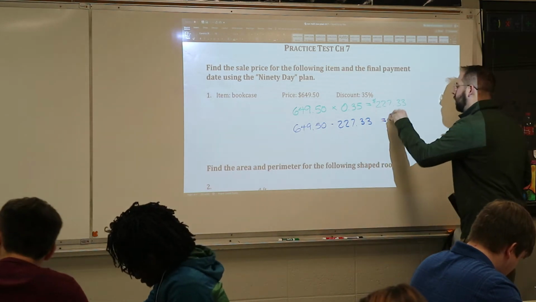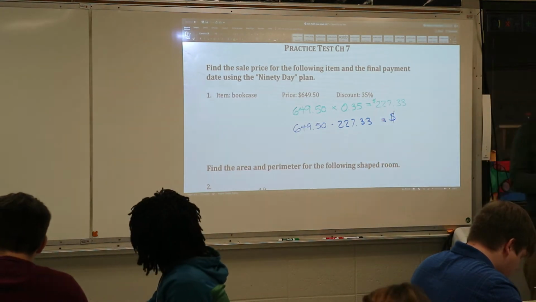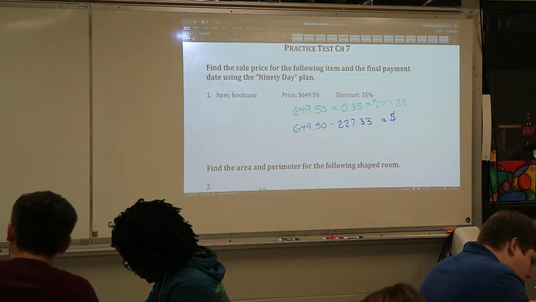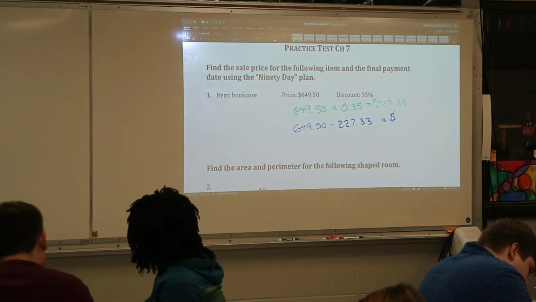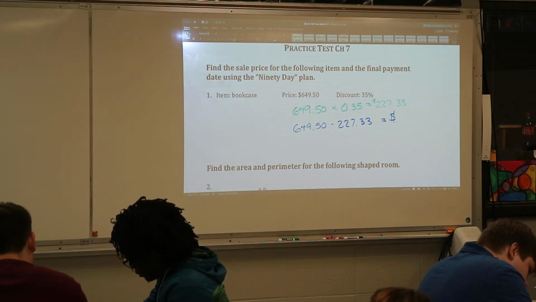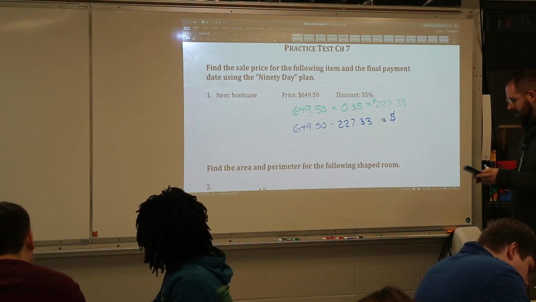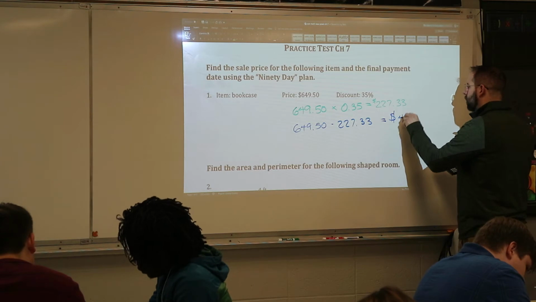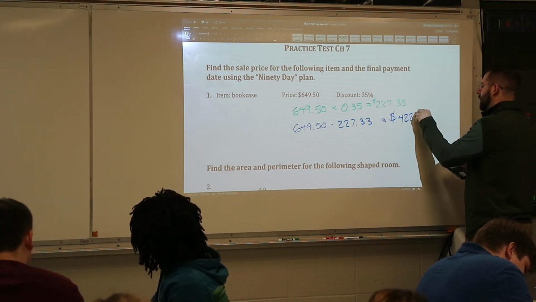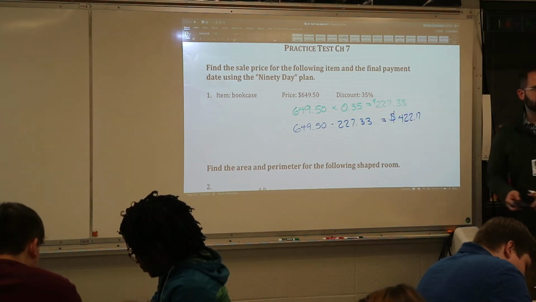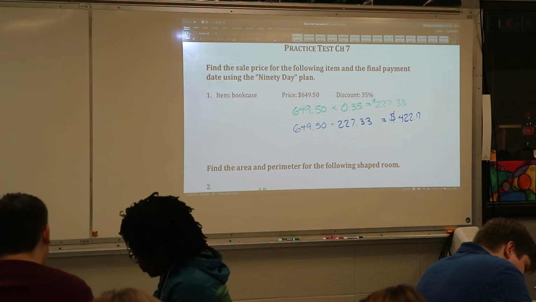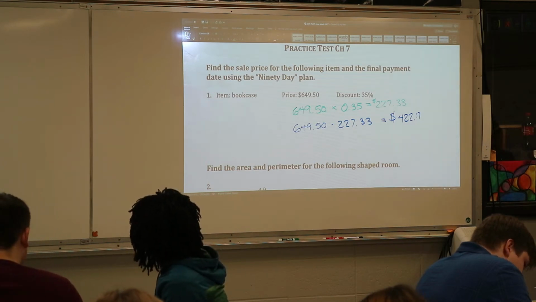This will give me what my final price of this item will actually cost me. So, $227.33 coming off the top of the $649.50. This turns out to be $422.17. So that's what I'm going to have to pay for this item. It's kind of expensive. All right.